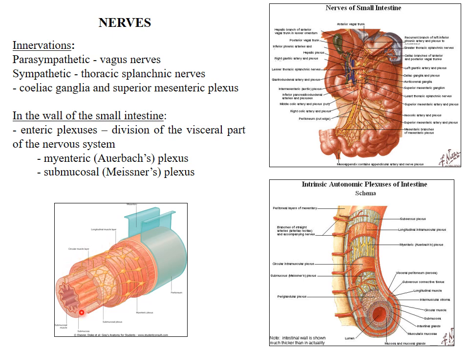Also, in the wall of the small intestine there are two enteric plexuses: the myenteric plexus, inside the muscular layer, and the submucosal plexus in the submucosa. The first, myenteric, is Auerbach's plexus, and the other is Meissner's plexus.